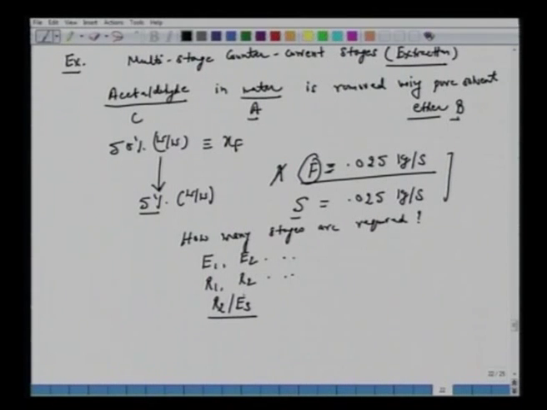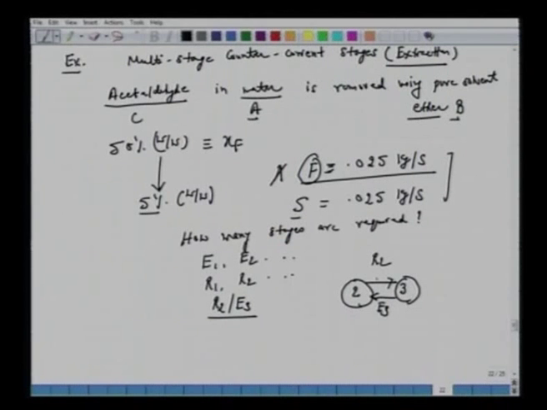One more small question: find the ratio R2 over E3. When we say R2 over E3, this is the second stage and this is the third stage, so we are following similar nomenclature. R2 is the stream which originates from stage 2, and E3 is the stream which originates from the third stage.